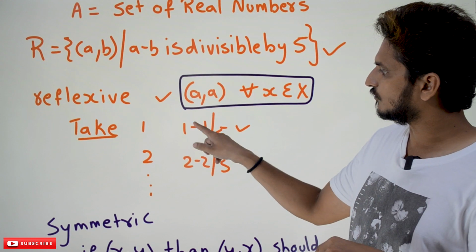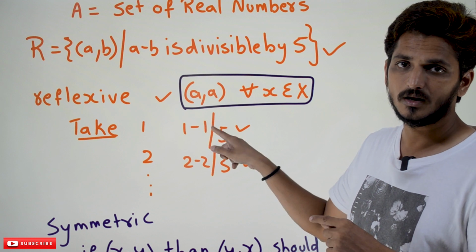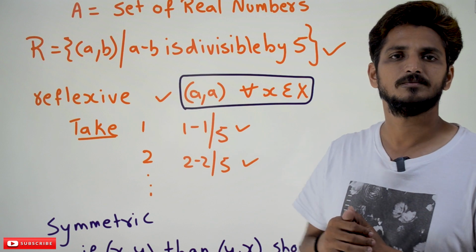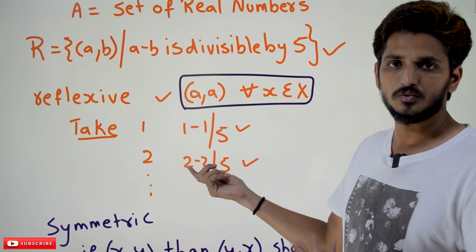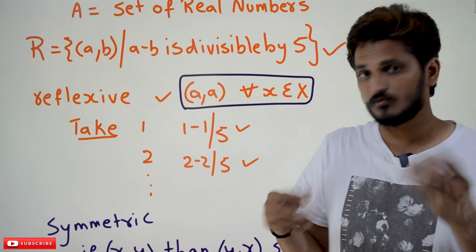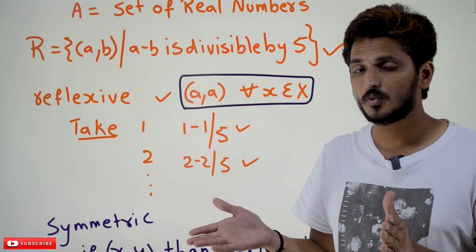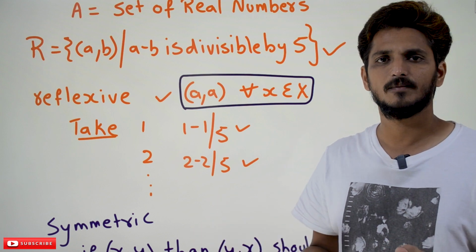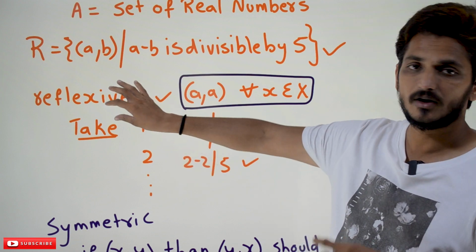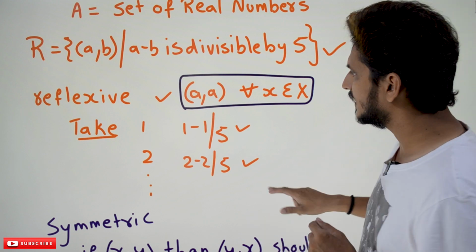If you take 1 minus 1, (1, 1), that is 0, divisible by 5. So it is there in our relation. You take 2 minus 2, 0, divisible by 5. You take any number, 1.1, 1.9, 10.9, 10.9 minus 10.9 is 0, divisible by 5. So it is satisfying the property of reflexive. So the first property it is satisfying.